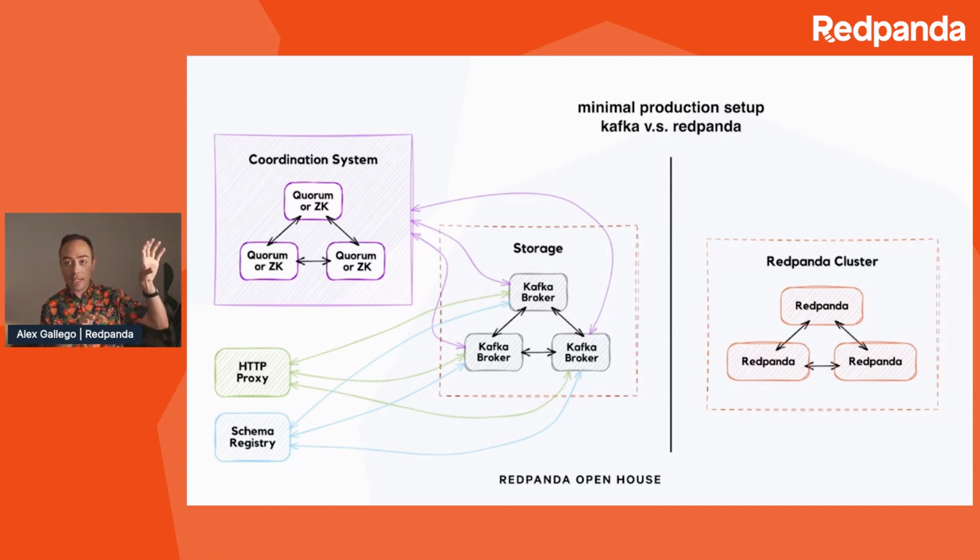And so both the coordination system and the storage system use 2 separate replication protocols, and they're used for different things. In addition to that, you need an HTTP proxy and a schema registry.